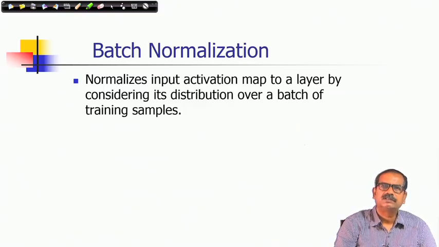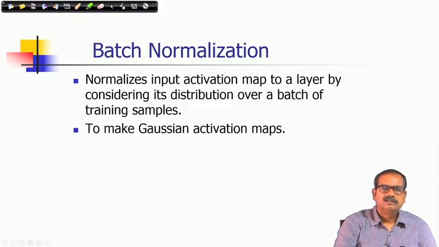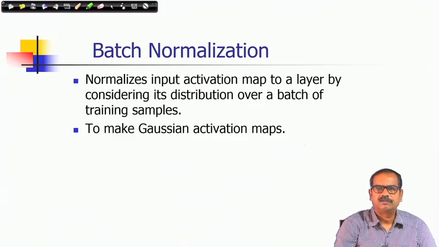One of the operations is known as batch normalization. It tries to condition the input and also the intermediate responses. What it does is normalize the input activation map to a layer by considering its distribution over a batch of training samples. Consider, for example, that you can apply a Gaussian model there.